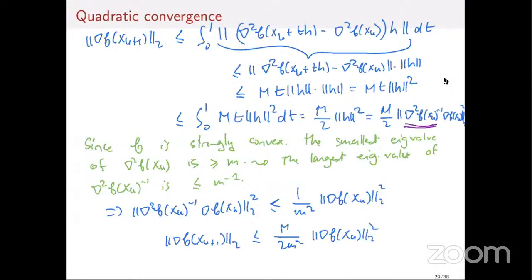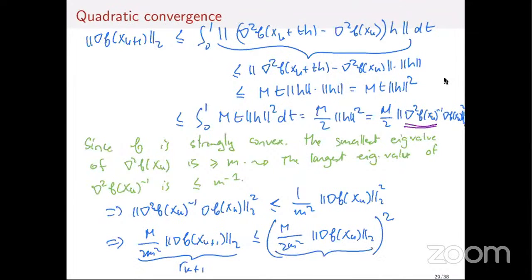Now if I multiply on each side by m divided by 2m squared, I can move essentially the square like this. And this was my RK plus 1, and this was my RK. Okay, so this is the proof.